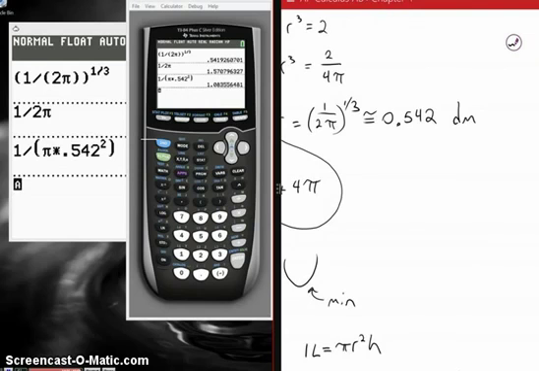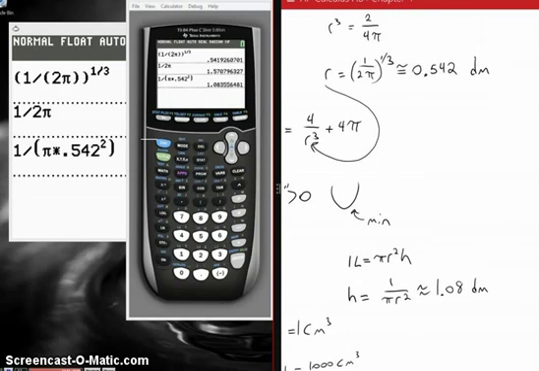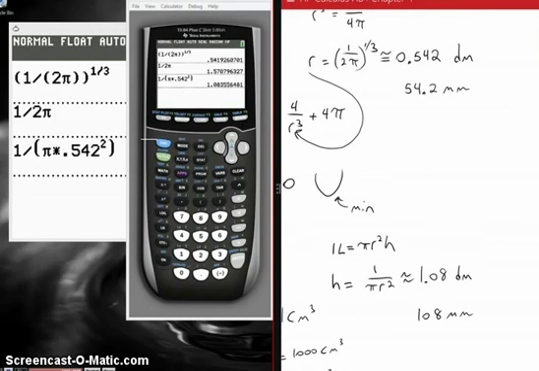Or if we wanted to convert that into millimeters, we could make it a little bit bigger. We could say this is 54.2 millimeters and 108 millimeters, if we wanted to do some unit conversion.